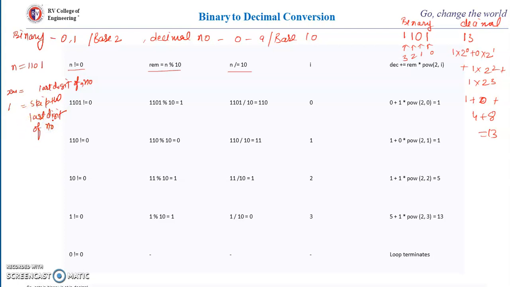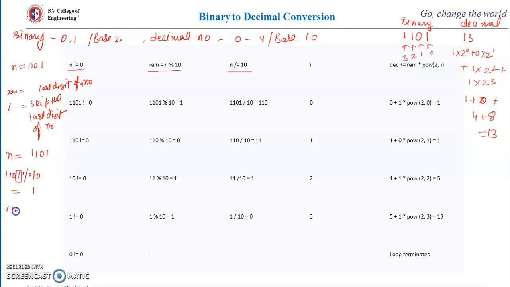How do we see that? For example, if n is equal to 1101, then 1101 mod 10 means the remainder, so the remainder I will get is 1. You can see this 1 is the last digit of the number.